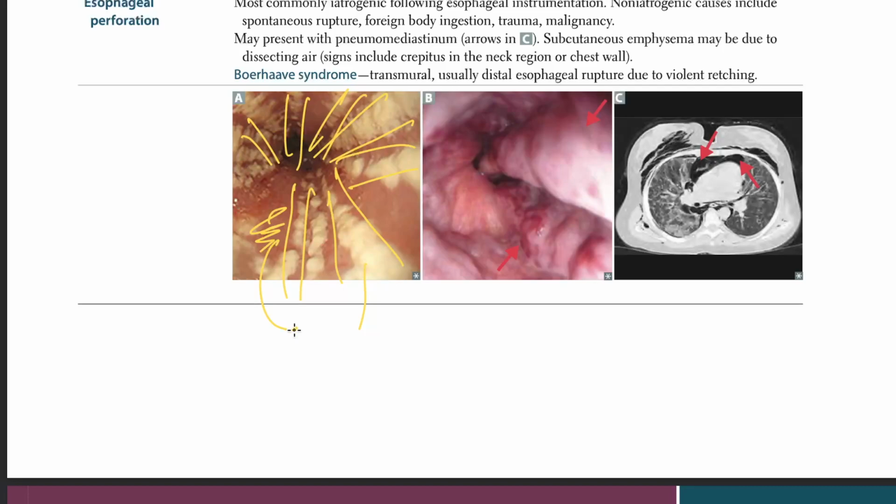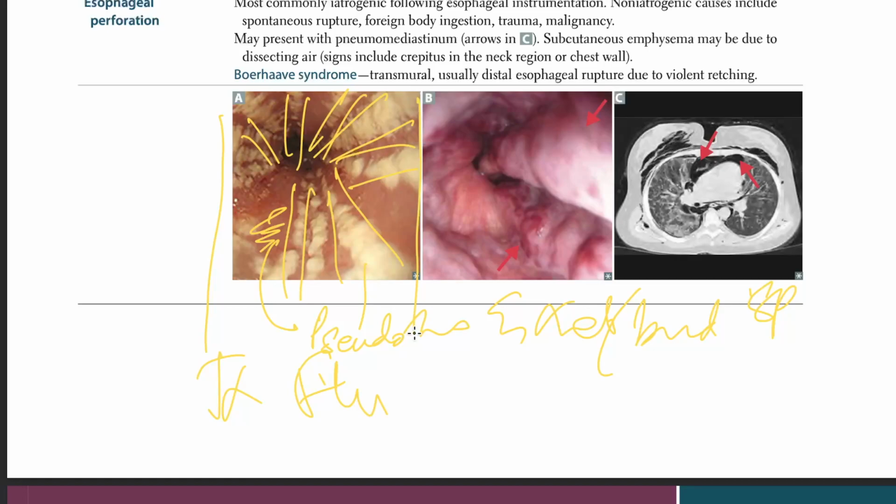If you were to look at them microscopically, you will see pseudohyphae and the yeast cells budding, and spores embedded within the necrotic debris invading the mucosal cells. The treatment to this is fluconazole, because this is in the esophagus. Fluconazole.